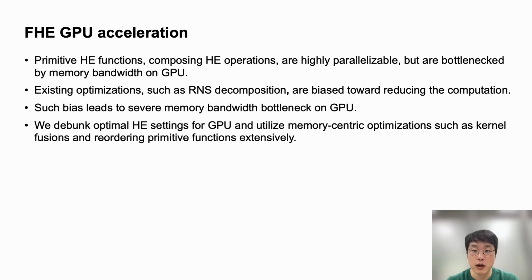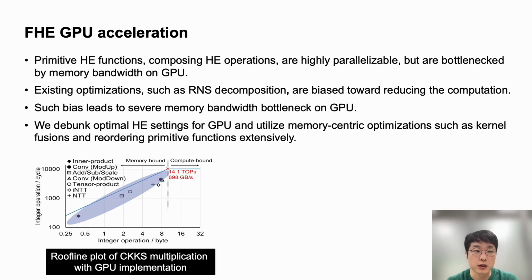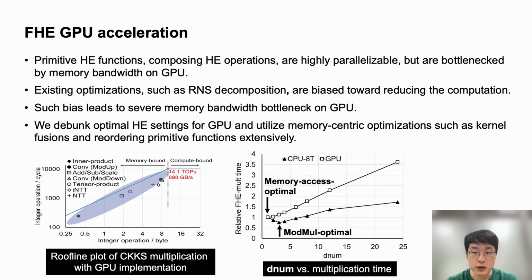Now we change our gear and present our contributions briefly. A single FHE operation consists of multiple primitive HE functions, including number theoretic transform and base conversion. Though these primitive functions are highly parallelizable, they are bottlenecked by memory bandwidth on GPU. Furthermore, existing optimizations such as RNS decomposition are biased toward reducing the computation.